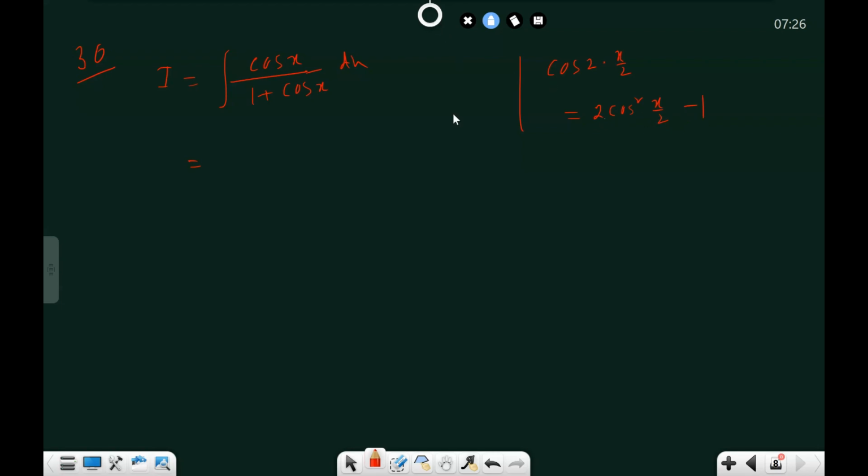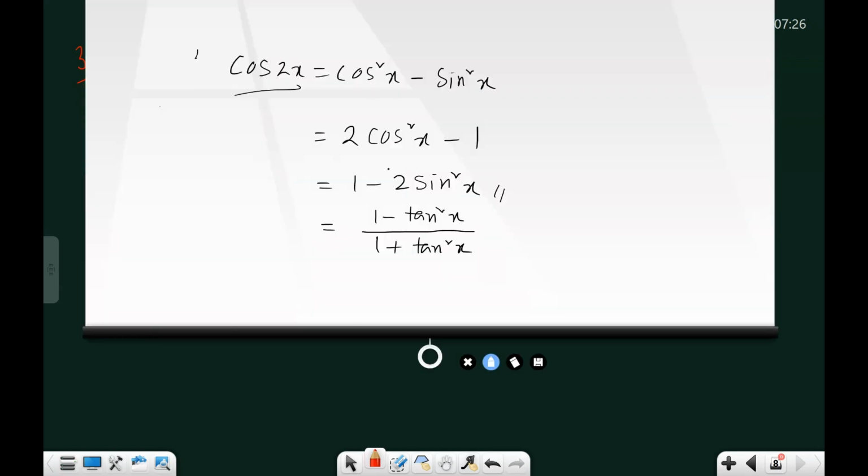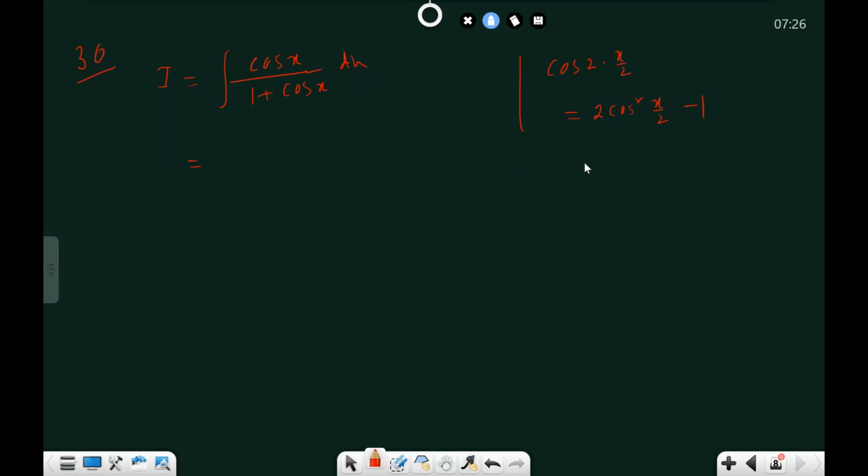Just as I told you, I am using this now. So the integration of cos x is 2 cos square x by 2 minus 1, divided by 1 plus cos 2 into x by 2.